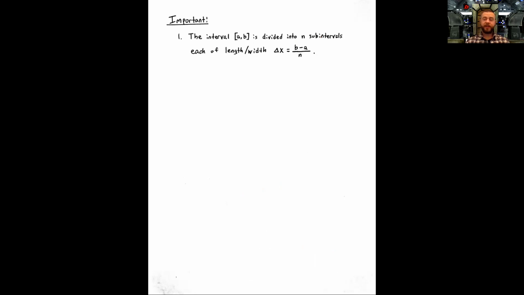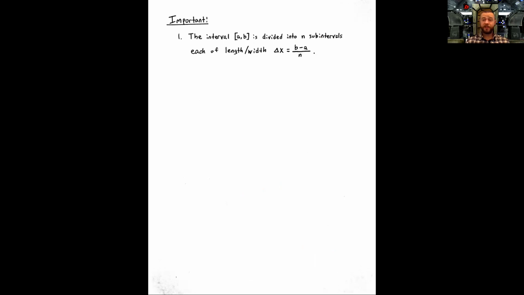All right, now just to kind of take a look at a few of those ideas, actually to have them written down, because sometimes ideas go very fast. Let's just point out that the interval we were looking at from A to B, that is divided or split into n subintervals of equal length or equal width.